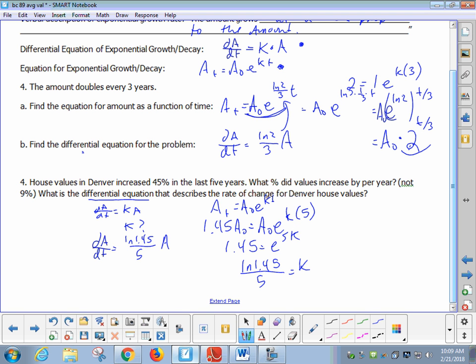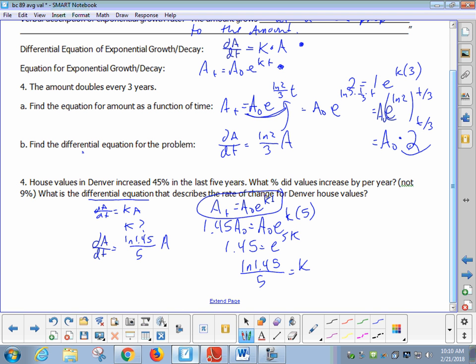A little harder. What percent did values increase by per year? What do I do? Say what? Give me something. Let's talk this equation. What could you tell me in that question? Do you know k? Do you know t?